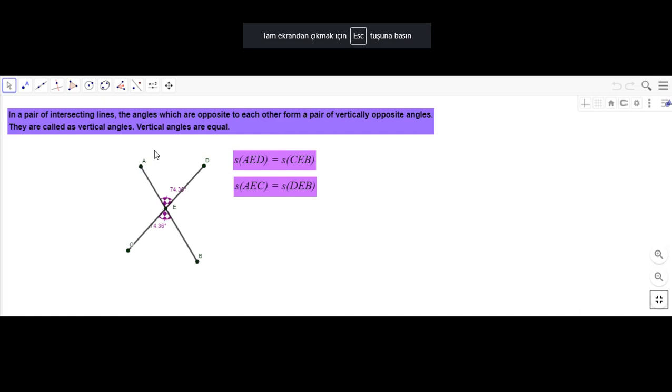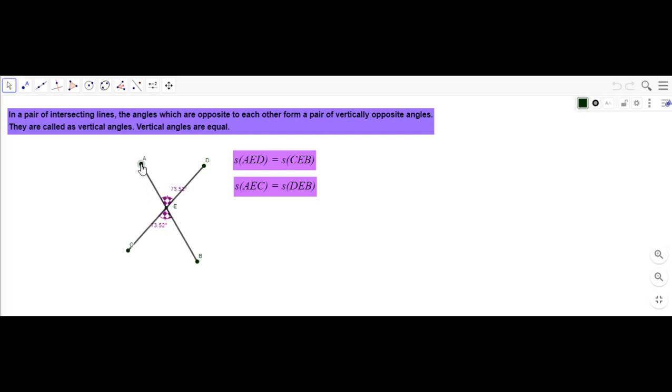Here we have two intersecting lines, AB and CD. And here the purple angles are vertically opposite to each other. So they are vertical angles and they have to be congruent. They have to be equal. Let's see if they are equal or not.